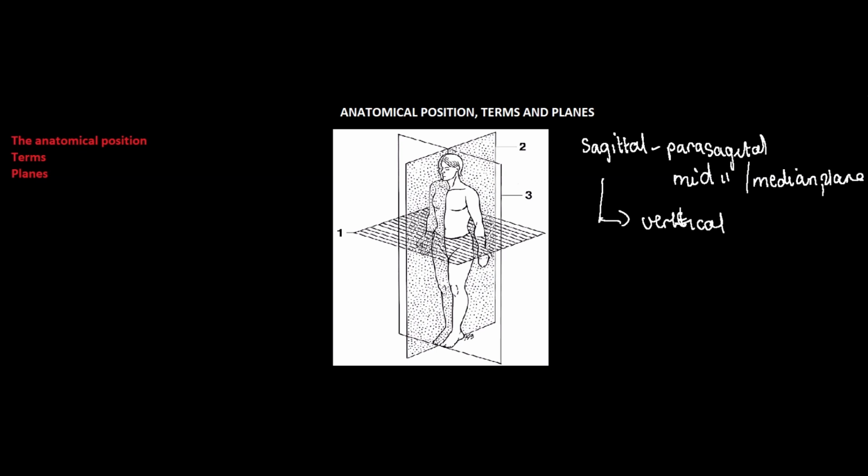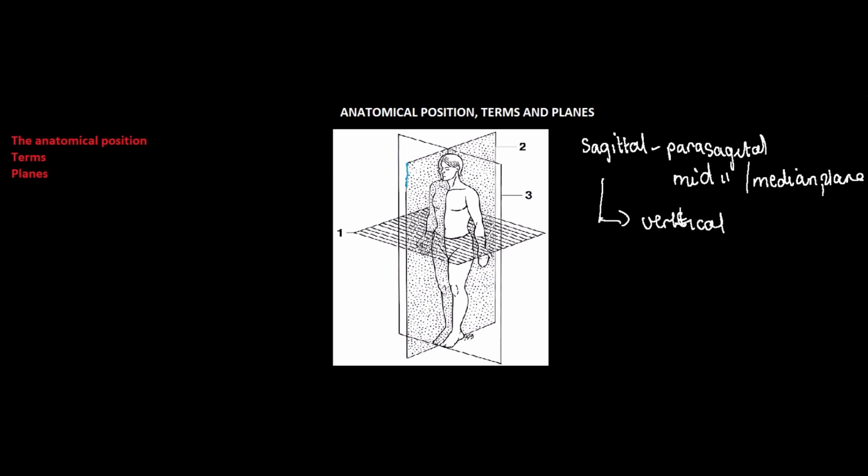Now, the parasagittal plane divides the body into unequal left and right sides, while the mid-sagittal plane divides the body into equal left and right sides. So, taking a look at this diagram, the mid-sagittal plane looks something like this.